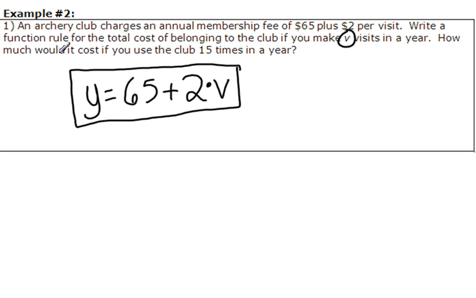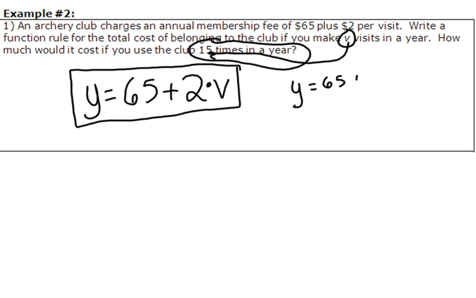Now it's asking how much would it cost if you use the club 15 times in a year. So in this case, we know how many visits we're making. We know our V, it's 15. So I'm going to take the function rule that I just wrote, and I am going to replace the V with 15.